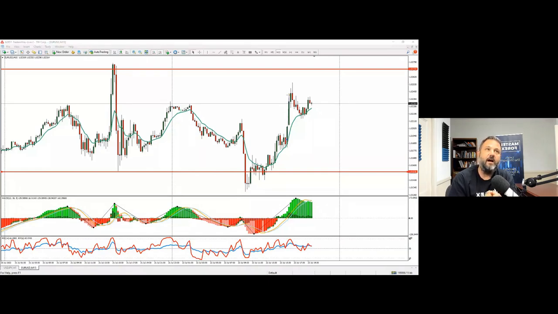So another way of saying that is that they do not determine market condition. And if they give a signal in the wrong market condition, they will not work. Okay, so here is a euro dollar 15-minute chart, and I'm going to zoom up here.